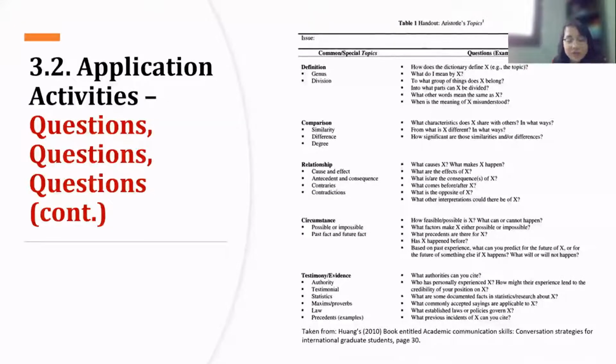The examples of the questions are: what authorities can you cite? And what previous incident of X can you cite? So you can read through all the expressions listed here. Make sure that you use the question for the right purpose. This question, for example, for definition, that question for comparison, and so forth.